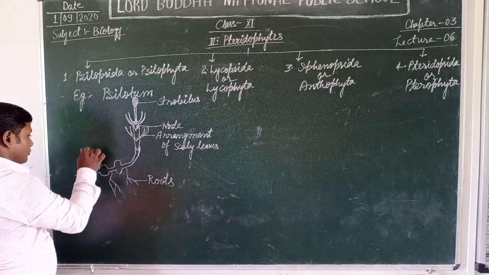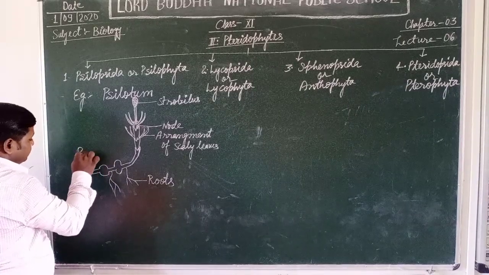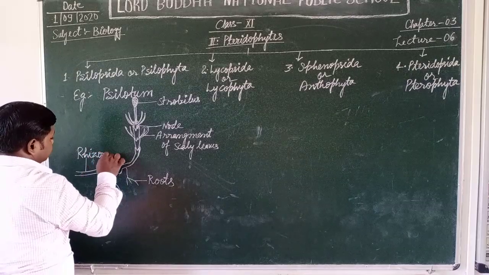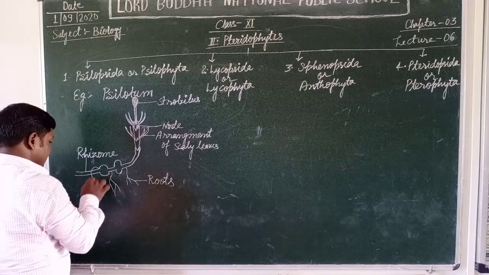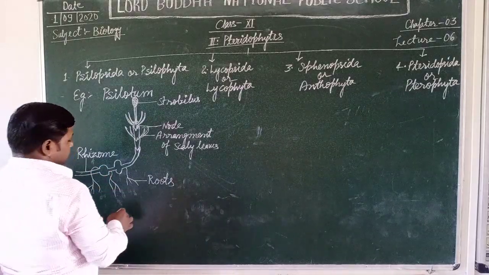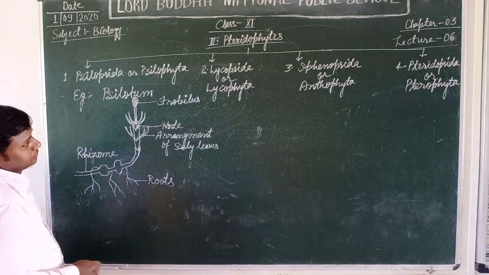This is the rhizome, on which a large number of roots are present. This is the structure of the coledonia.